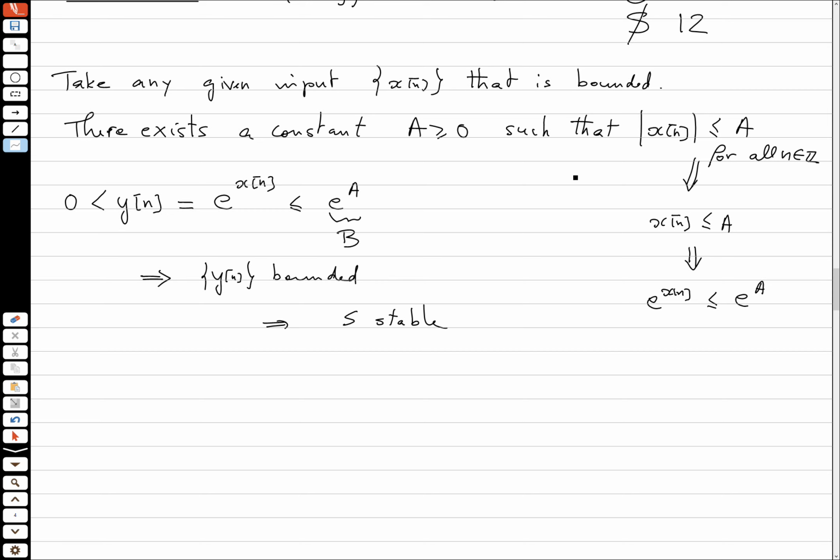This A is a number. Exponential of A is going to be a number. You got tricked because you said, oh, exponential of A is much larger than A. We don't care about this. Stability never imposed anything about this.